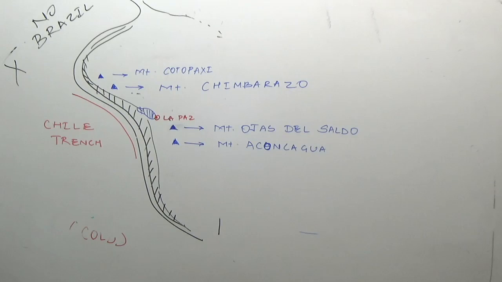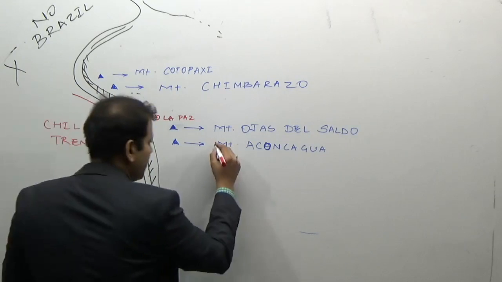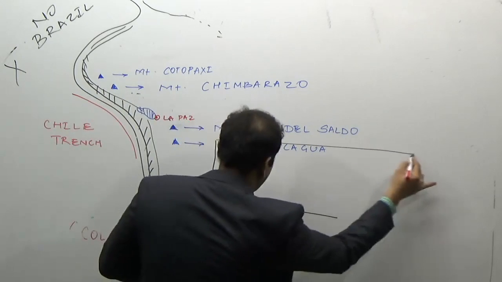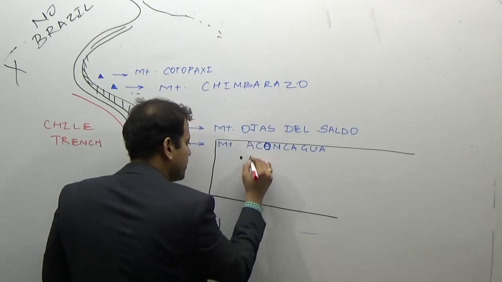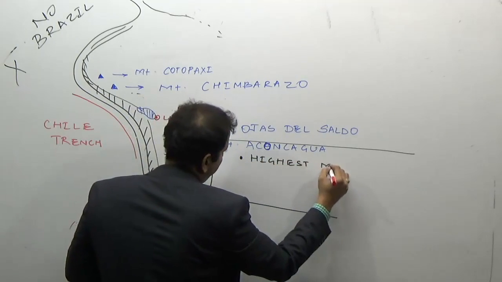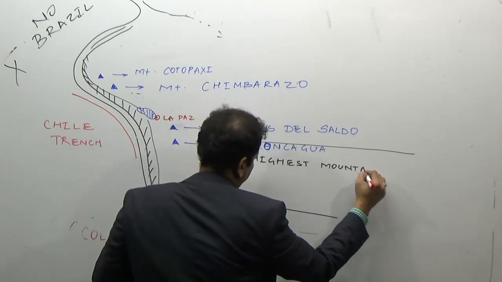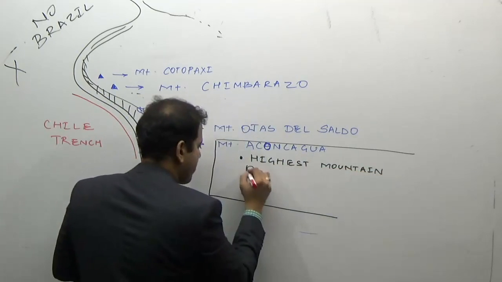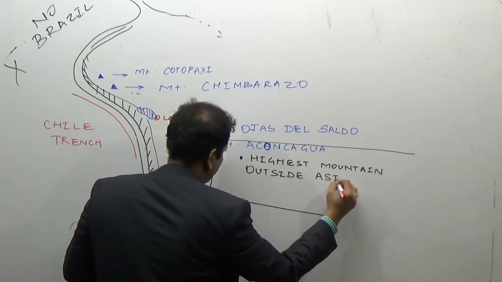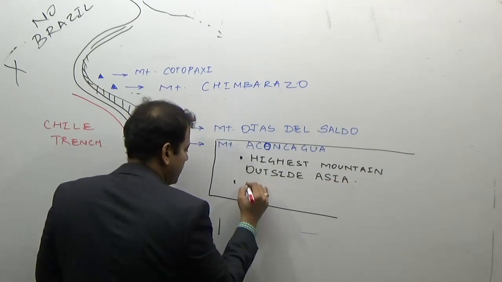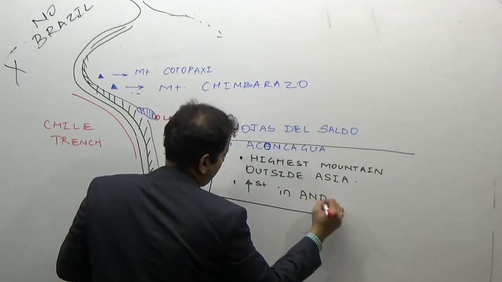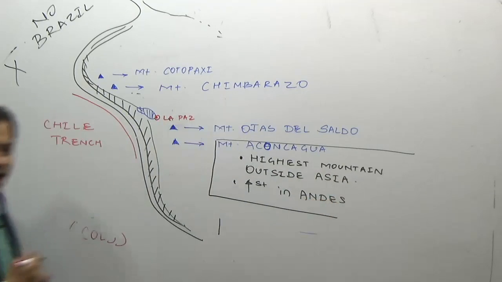Mount Aconcagua is the highest mountain outside Asia. It is the highest mountain after Asia, and obviously the highest mountain in the Andes.